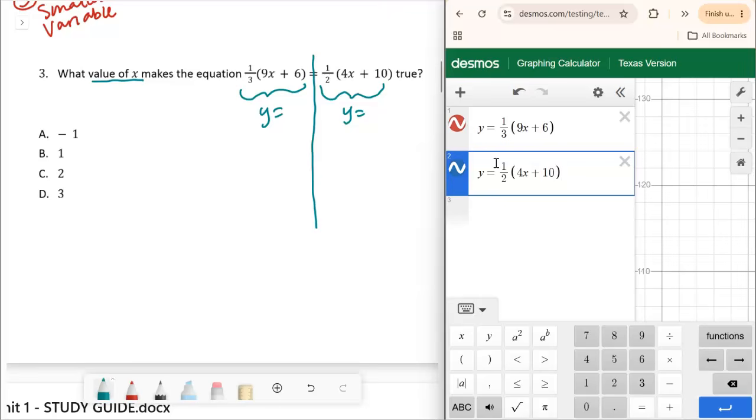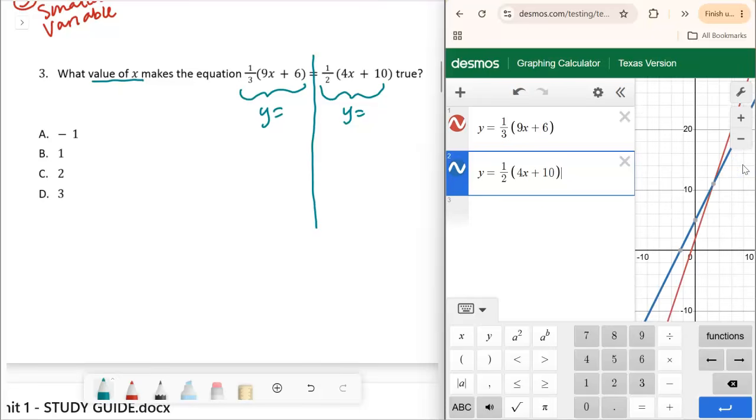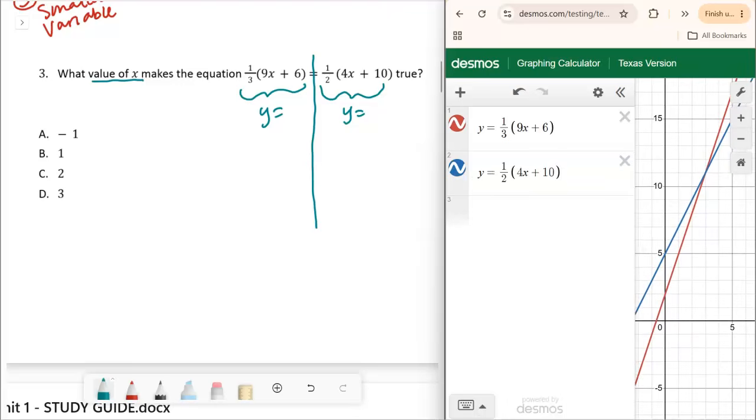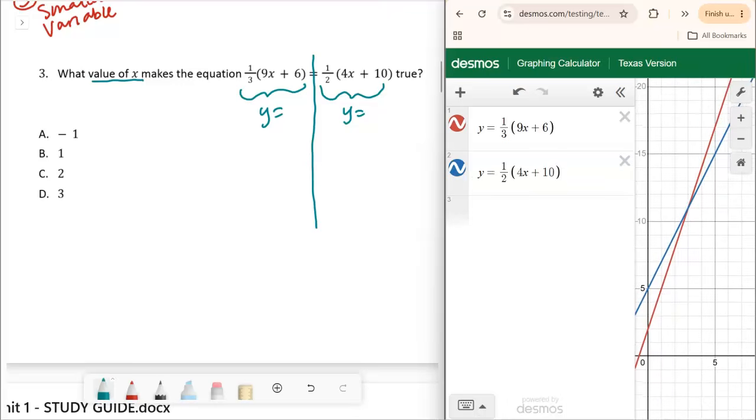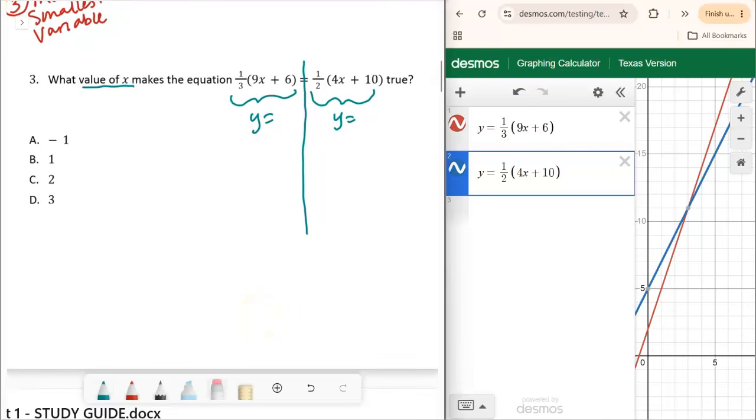You can hit the little house button right here and then go see where they cross and go click on that button. Okay, if we want to do it by hand, we would first distribute.